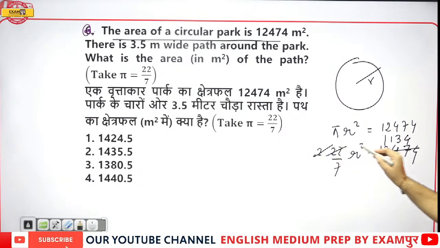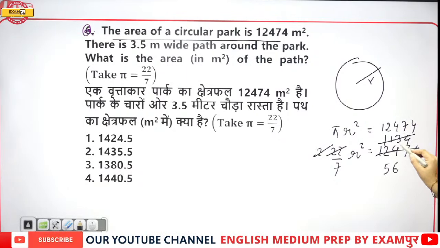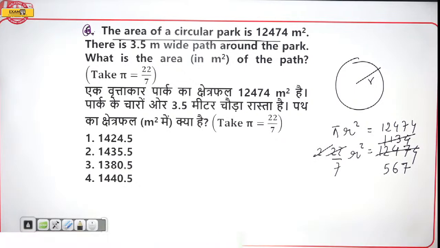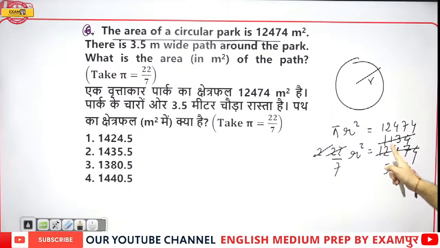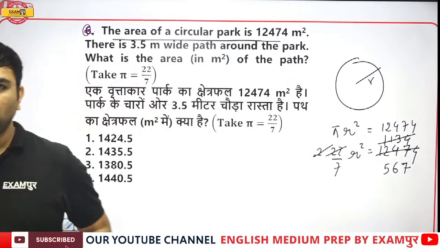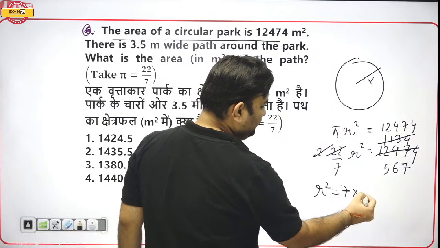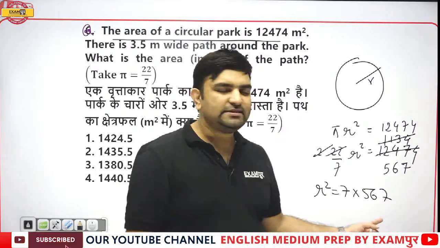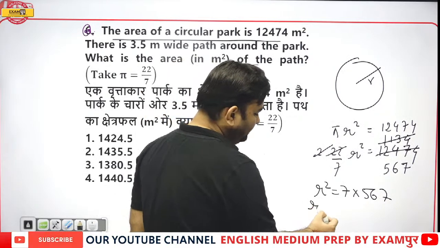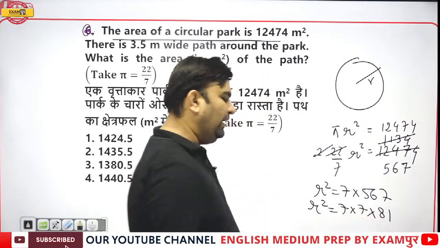It had to be. 2 will simplify 5 times, 13, 6 times, 14, 7 times, 567. Okay. So R square is 7 into 567. Guys, try to take 7 common from here. 7 8s are 56.